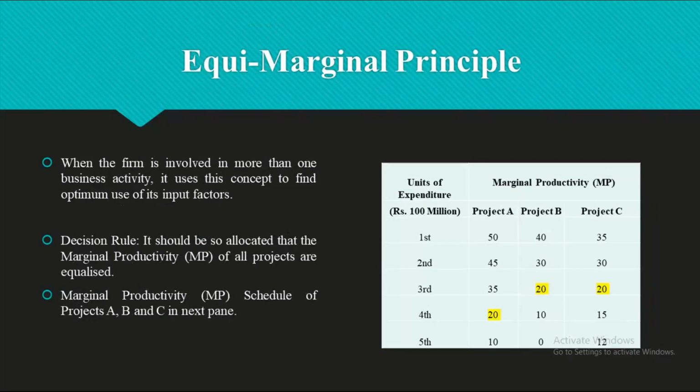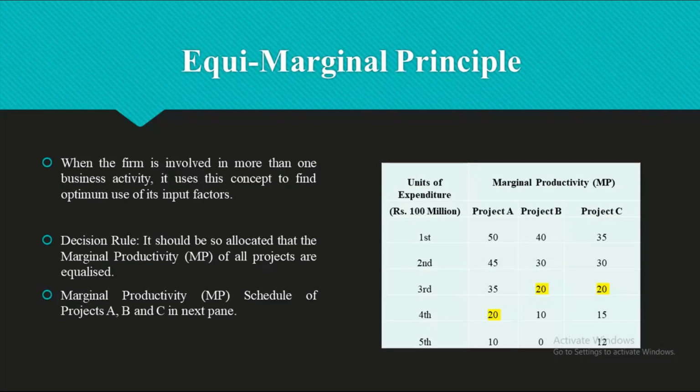So what happens when a firm is involved in the production of more than one thing, which is generally the case, or when a manager is faced with a decision where he has so many alternatives or so many projects in which he has to invest funds, and funds will always be a fixed amount at one given point.